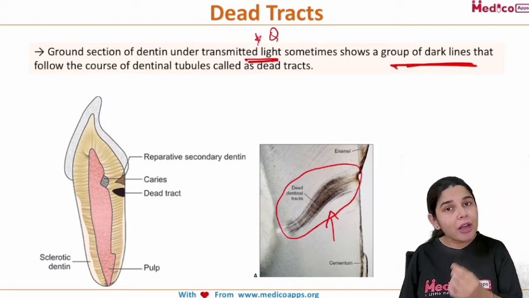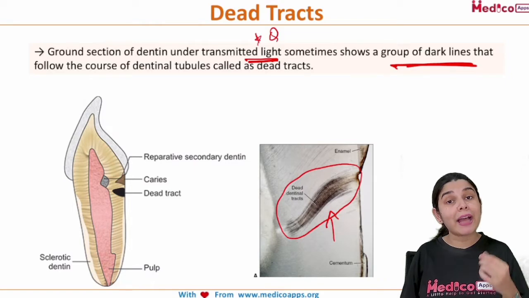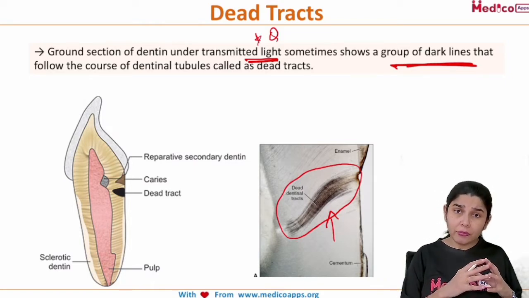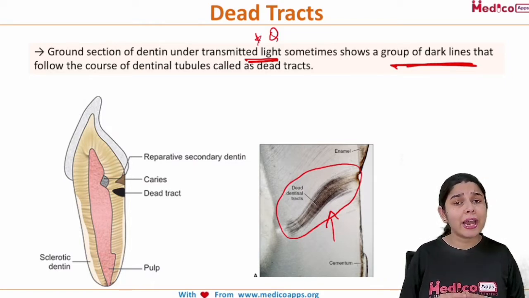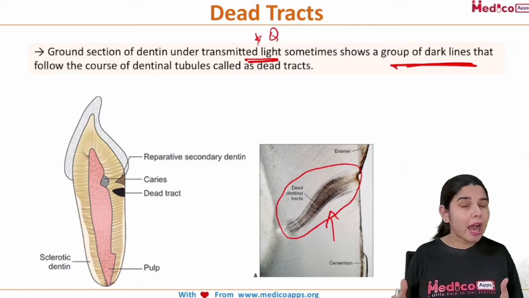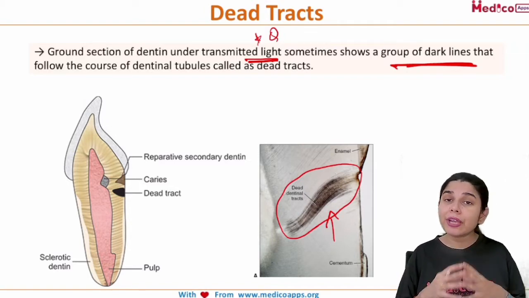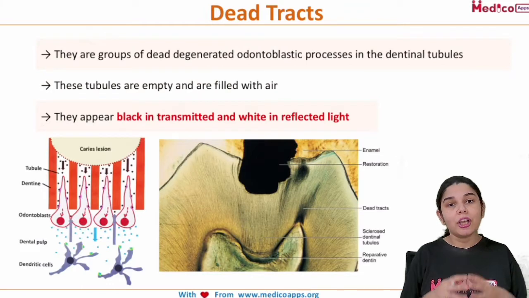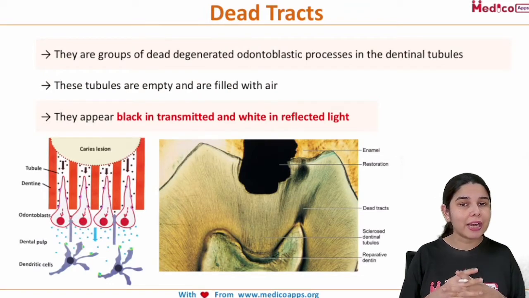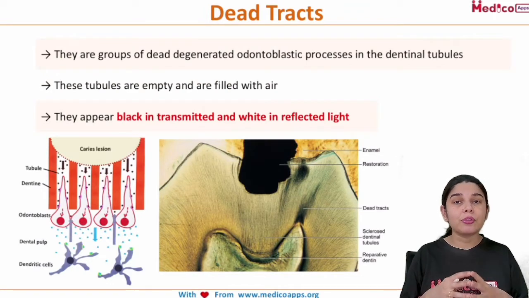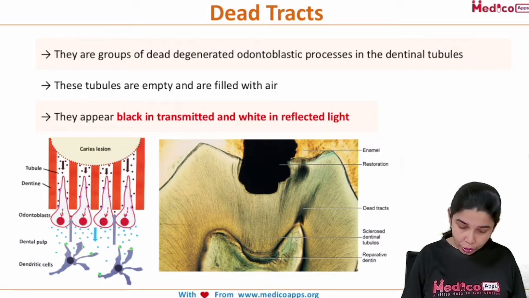So this group of dark lines, we call dead tracts. Now, why are we calling it a dead tract? The lines which we are seeing are dark. For that, we need to get into a little more detail. You need to understand that these dentinal tubules basically contain the odontoblast process.